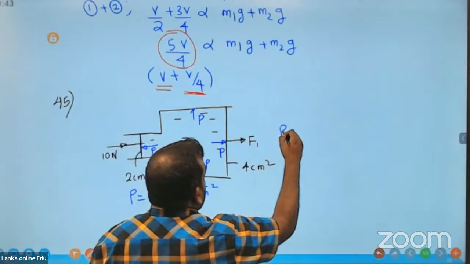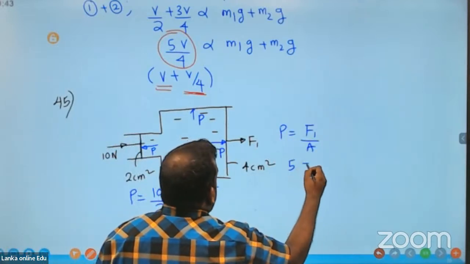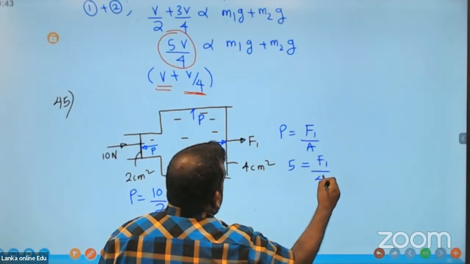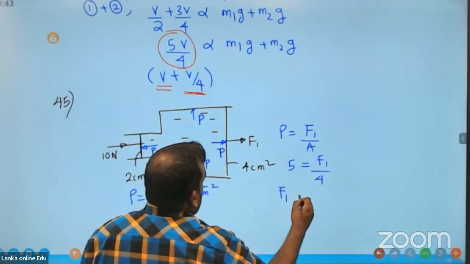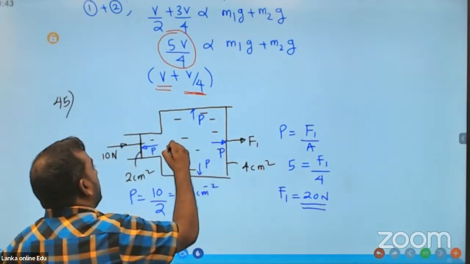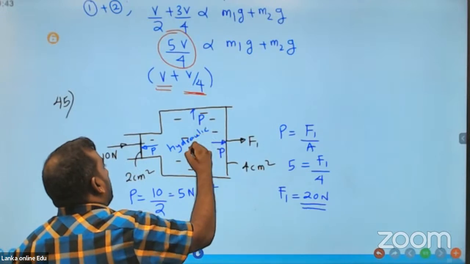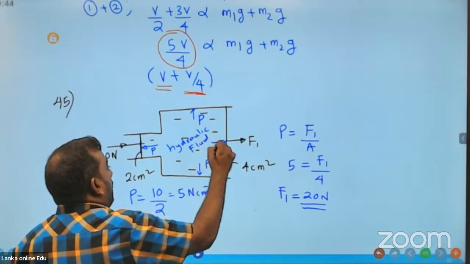Here also pressure is equal to force divided by area. 5 equals F1 divided by 4 centimeter square. F1 equals 20 Newton. There you go. So this is the hydraulic fluid.